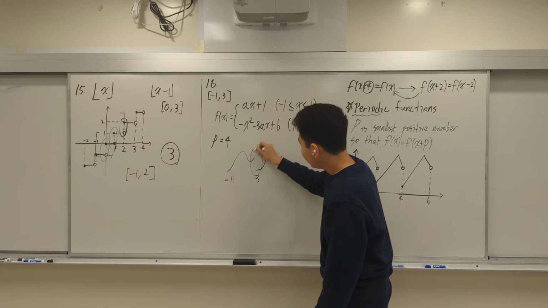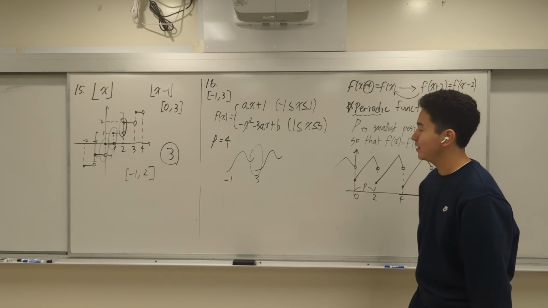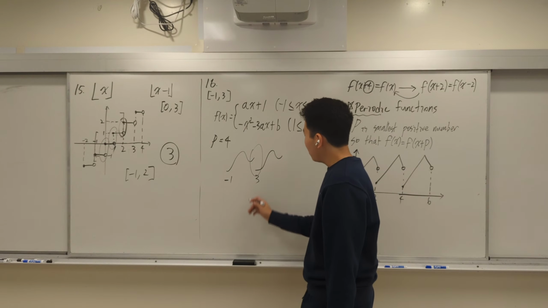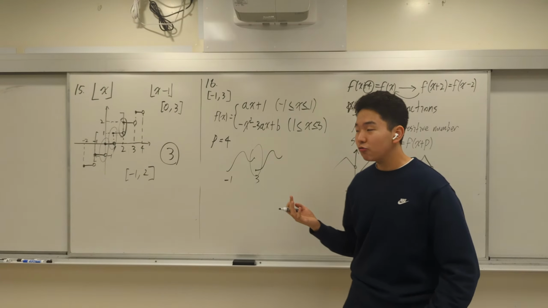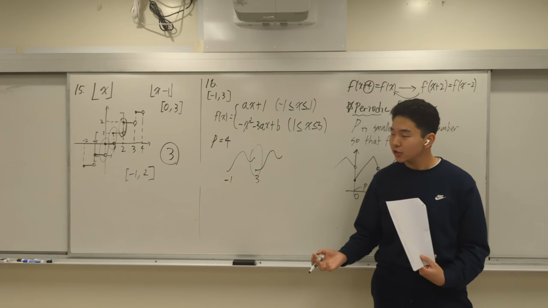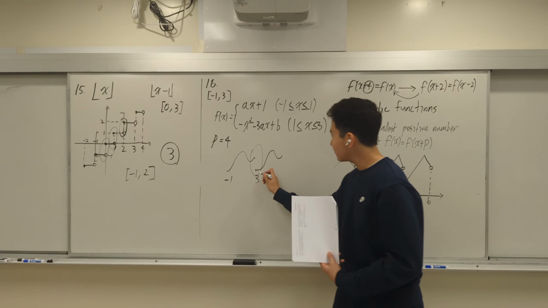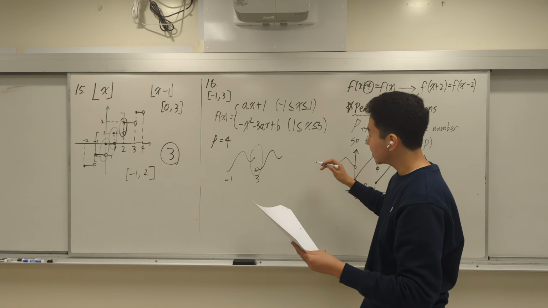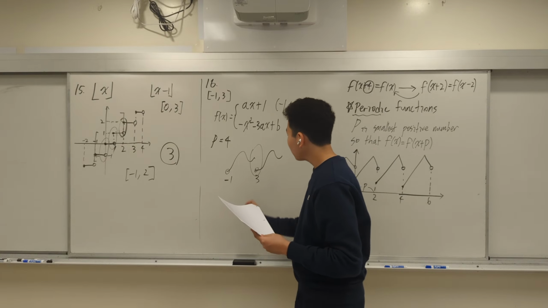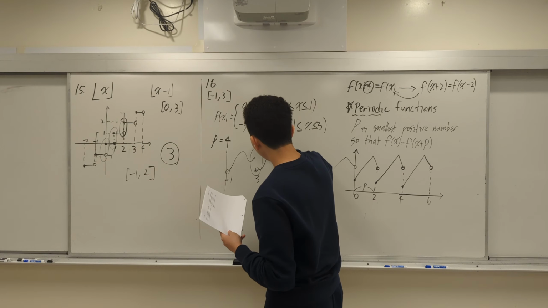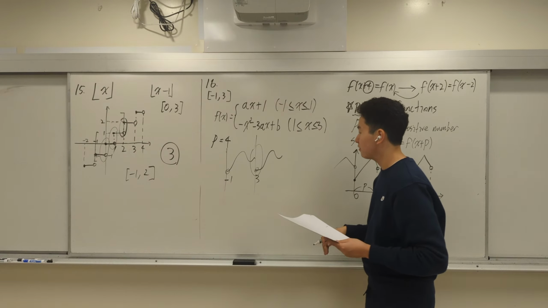And you notice this discontinuity that happens at x equals 3, right? This end value and this end value, if they don't equal each other, then the function is obviously not going to be continuous. But this value, remember, since it's periodic, will always equal this value. So for all we know is the function between -1 and 3.